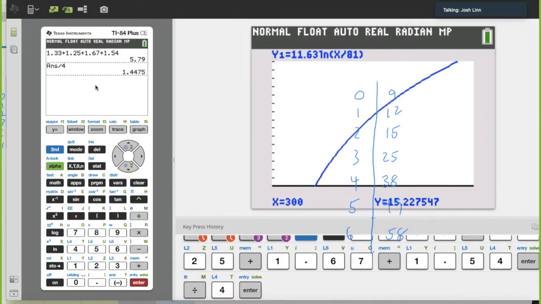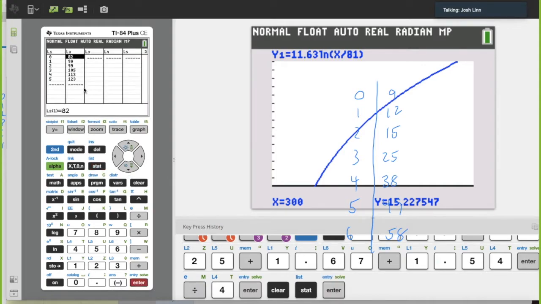All right, so we go back over to our calculator. Let's see if I pull up a different calculator. Nope. Anyway, so here's our calculator. Remember to enter our data points. We're going to go to Stats. We're going to Edit. We've got our two lists. So first we're going to clear them out. My 0 to 5.